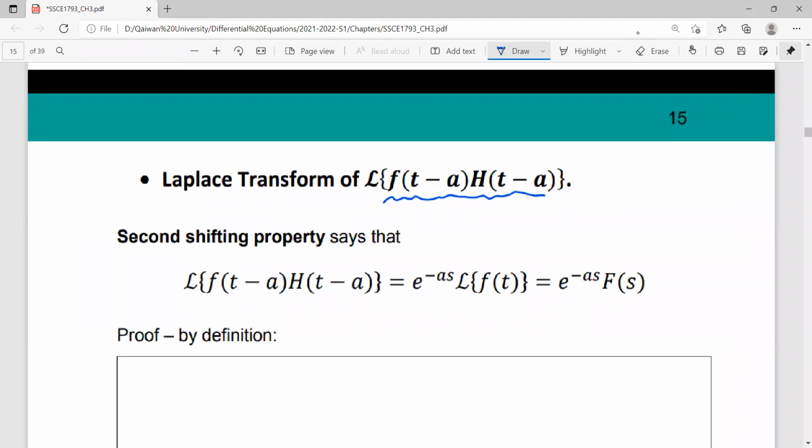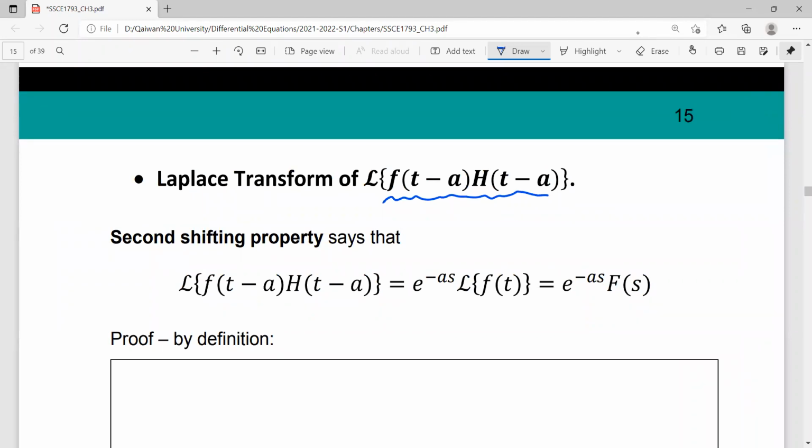If we have a function f of t minus a multiplied by the unit step function h of t minus a, the Laplace transform for this function is e to the power minus as multiplying by the Laplace of f of t, which equals e to the power minus as multiplying by capital F of s.